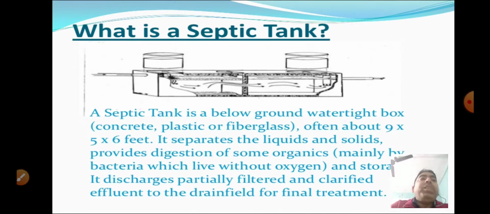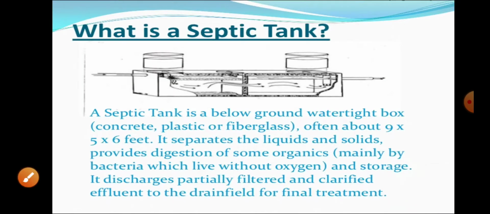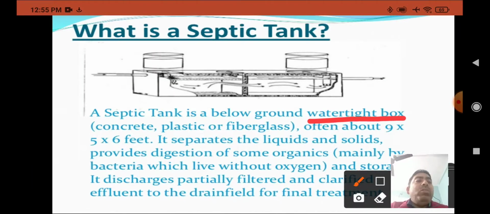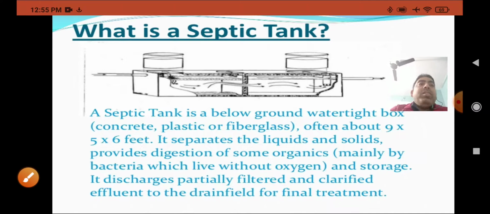The first one is a septic tank. Septic tanks are also used for the disposal of domestic liquid waste, and this septic tank is found below the ground. You can see here, below the ground, a watertight box of concrete, plastic or fiberglass.